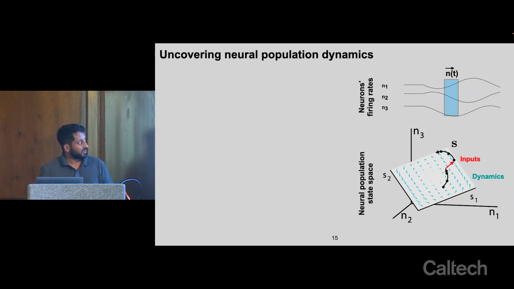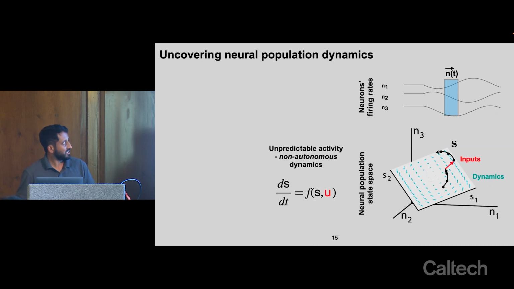So this failure, our inability to predict the activity, might reflect some external influence on the system. In this case, we need a more general model. Unpredictable activity is modeled by non-autonomous dynamics, meaning the update in the state is a function not only of the current state, but also of potentially unobserved inputs coming into the system.